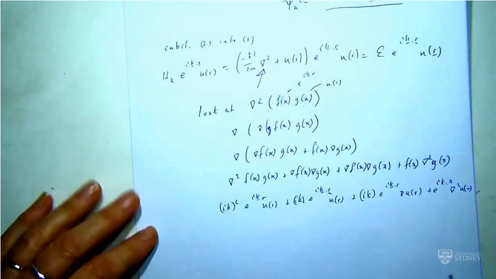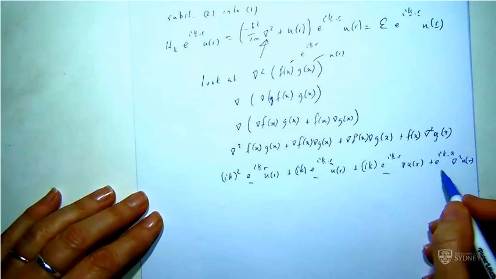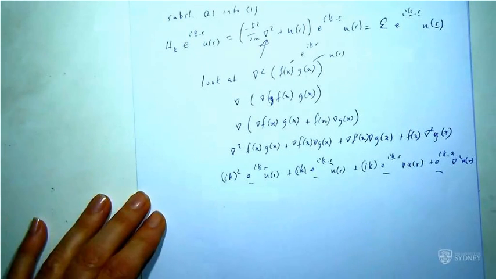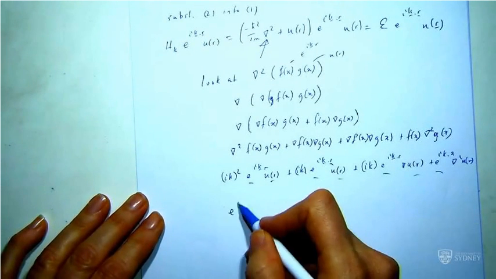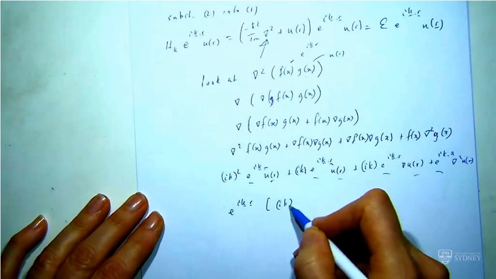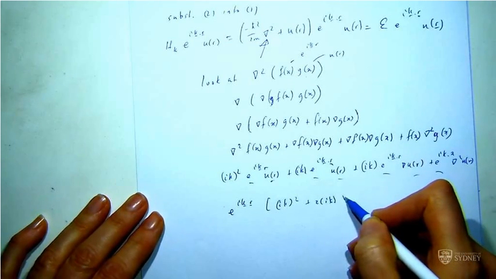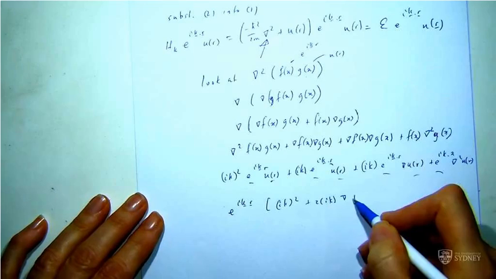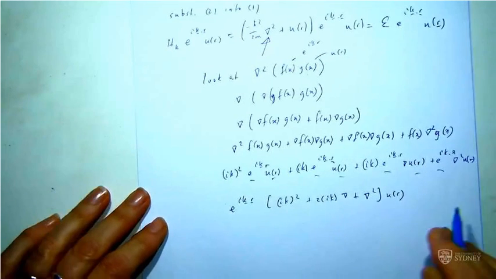And so you can pull this thing out one side and this thing out the other side if you want: e to the i k dot r, i k squared plus 2 i k grad plus grad squared. Okay, it's straightforward, but I do it in any case for you.